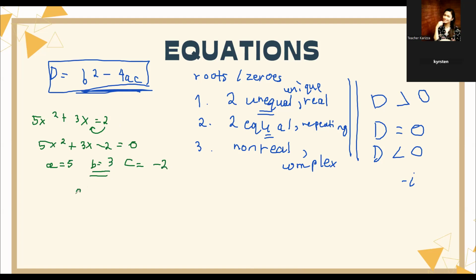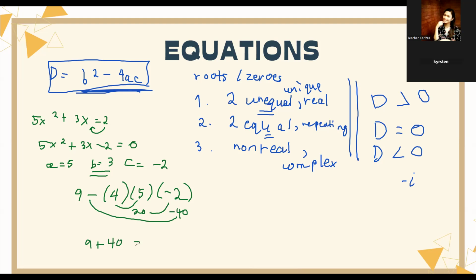B squared is 9 minus 4ac. So 4 times 5 times negative 2. This is 20 times negative 2, which is negative 40. Apply the negative. You have 9 plus 40 is equal to 49. So our discriminant is equal to 49. So it's type 1, right? Because it's greater than 0.